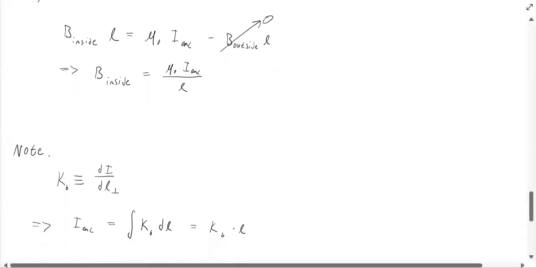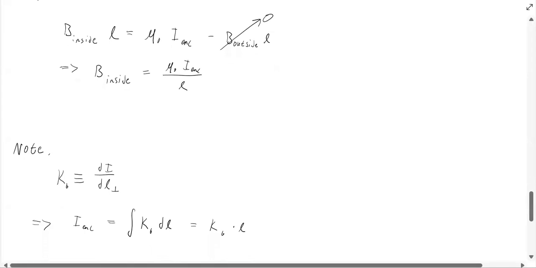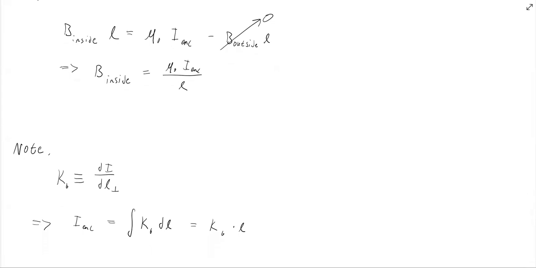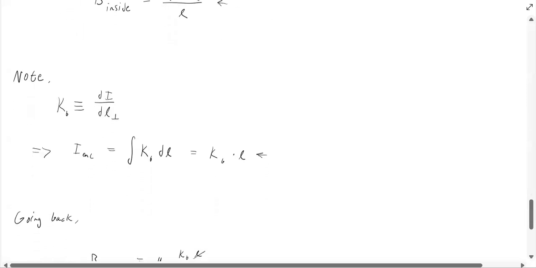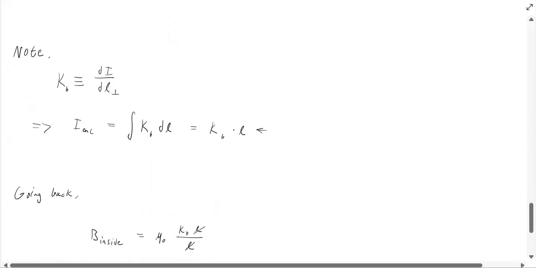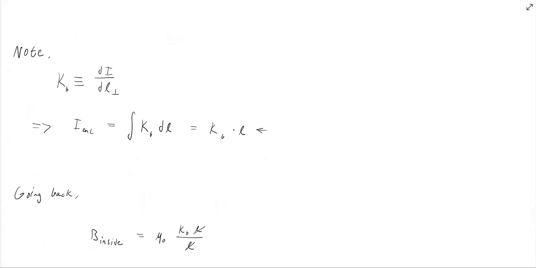And so solving this, I enclosed equals Kb times dl, and that integral is simply Kb times L. And so we can substitute this back in here. So going back, B inside is mu naught times Kb L over L. And so the L's cancel out.